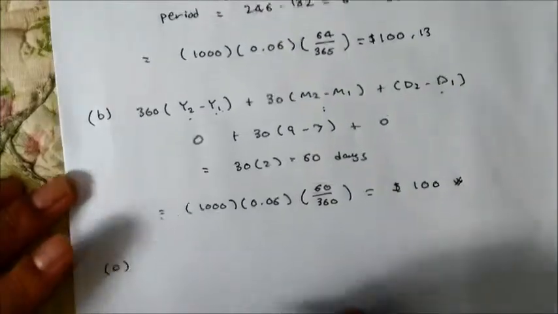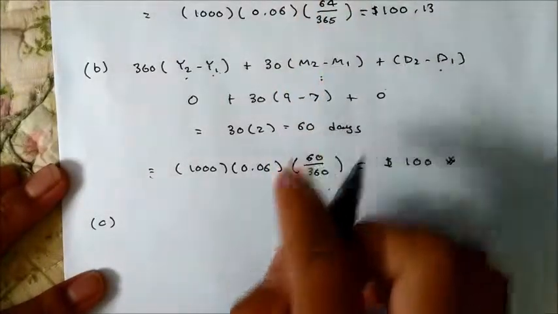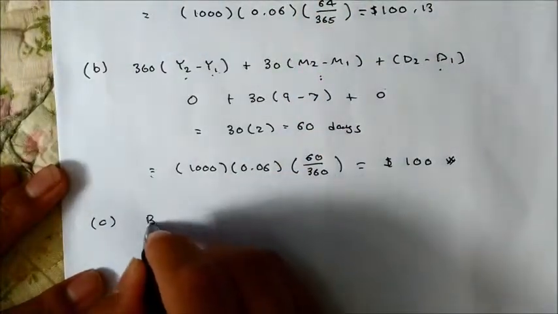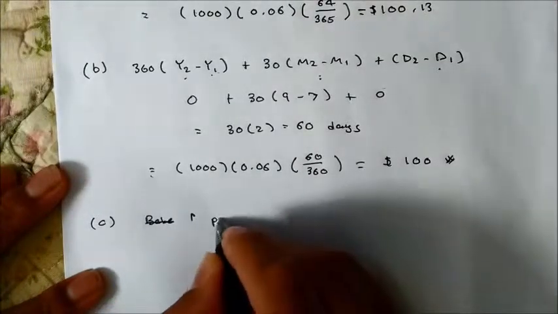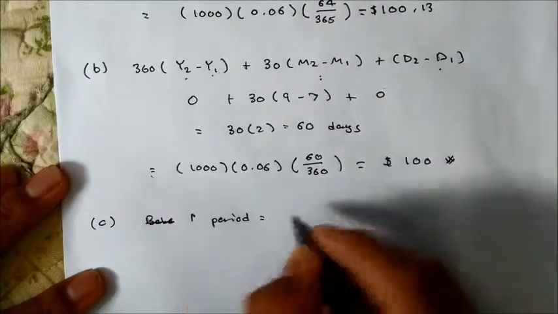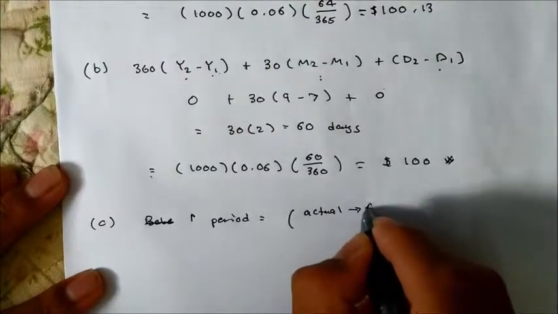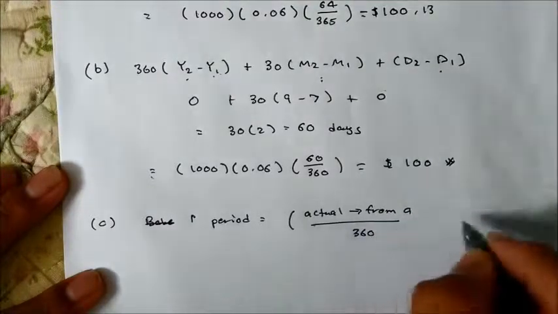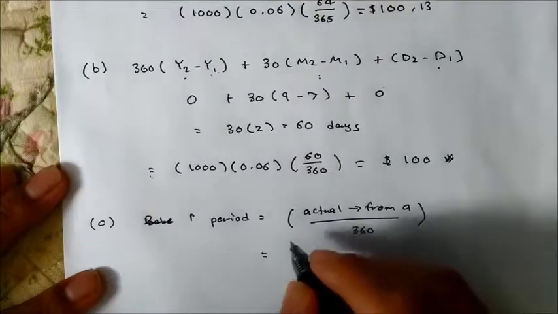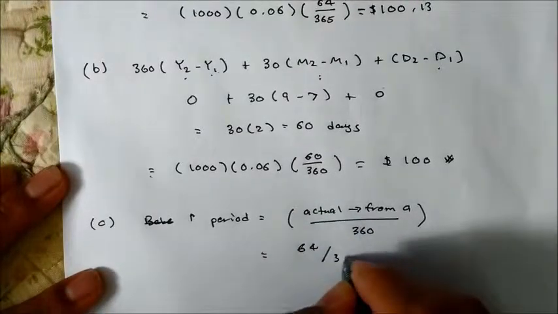For C, question C is going to be the easiest among these three. By using the banker's rule, the period is actual, which is from question A, over 360, which is equivalent to 64 days over 360.